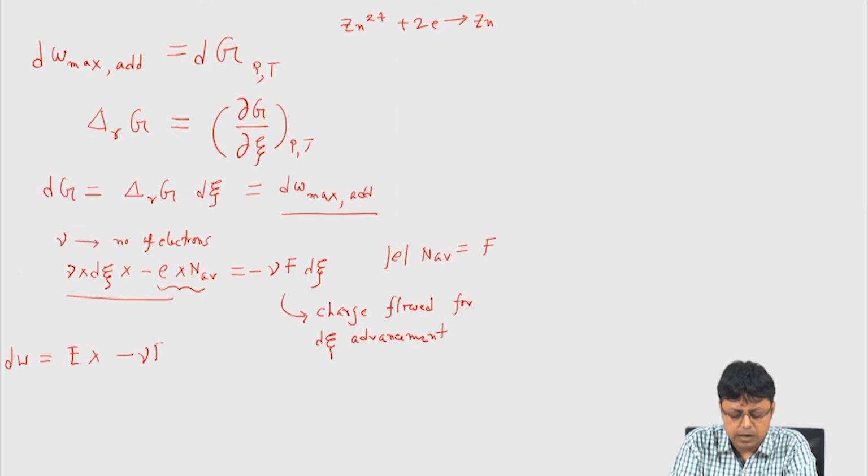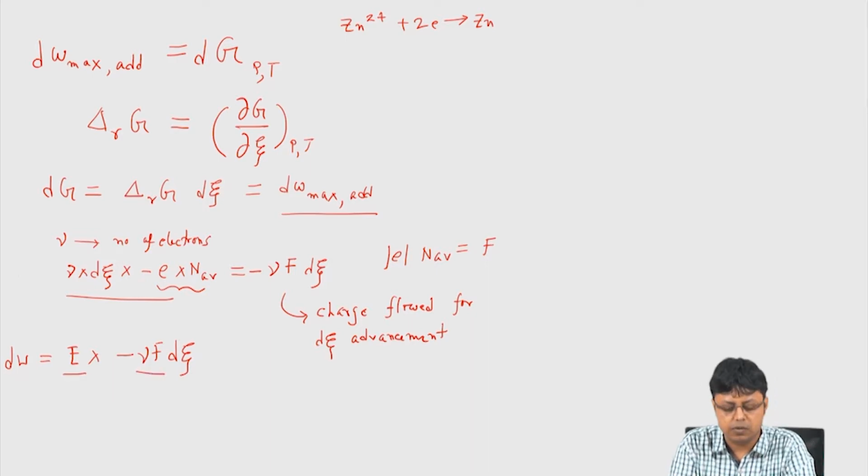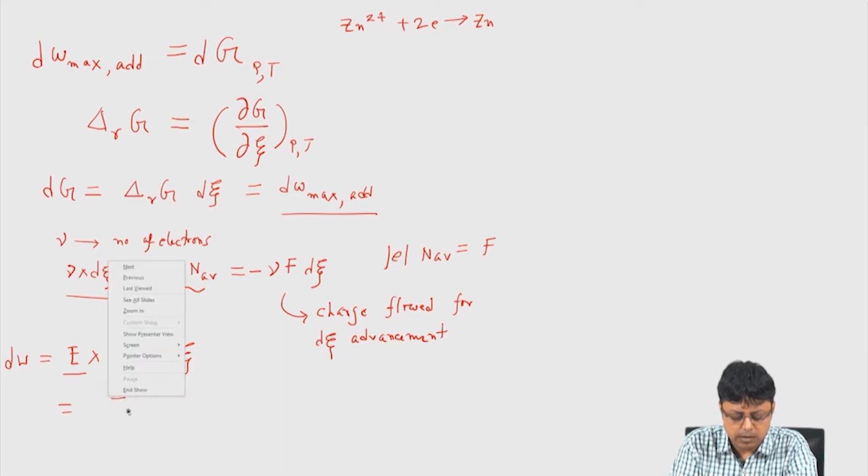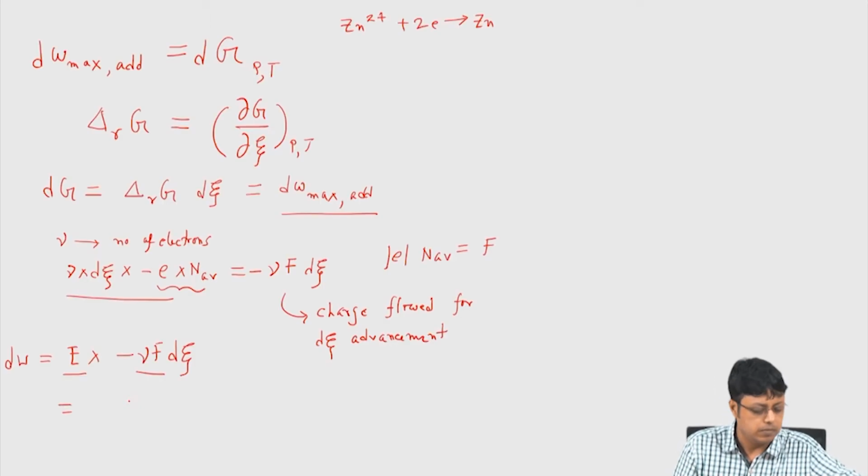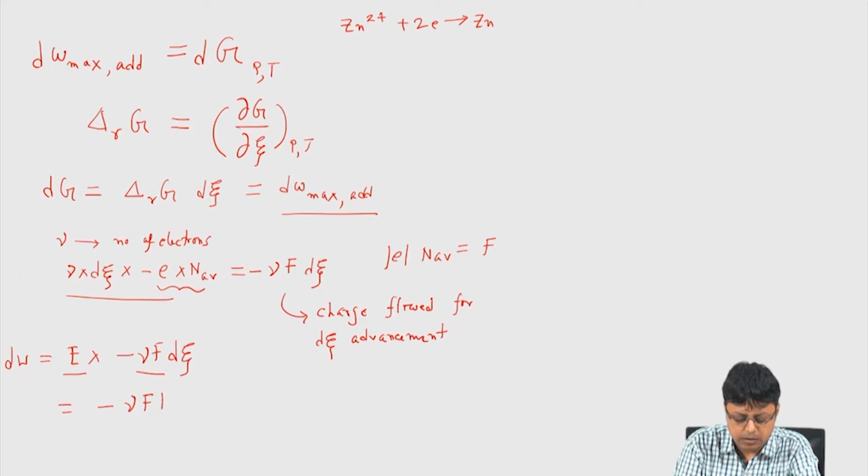So, we can just write that the work done will be the potential drop multiplied by the amount of charge which has flown. So, this is nothing but minus nu into F into E into d xi.